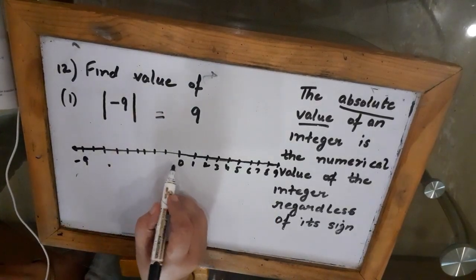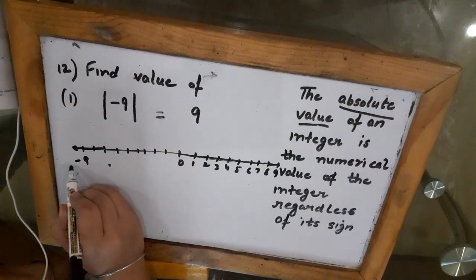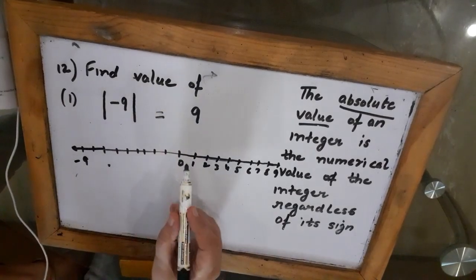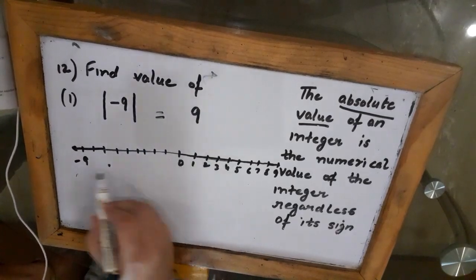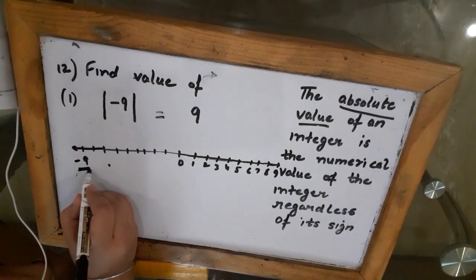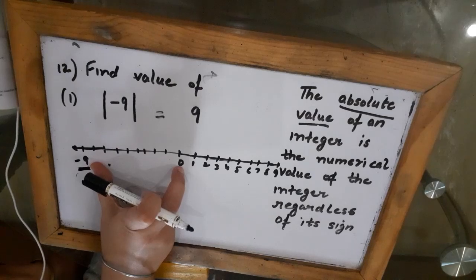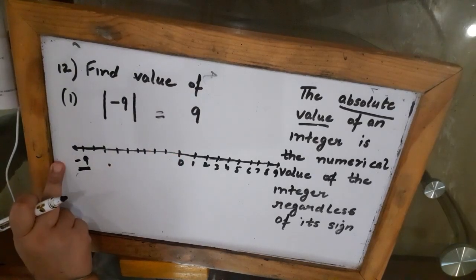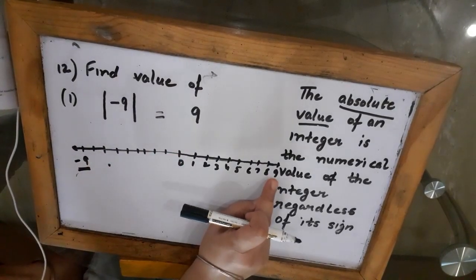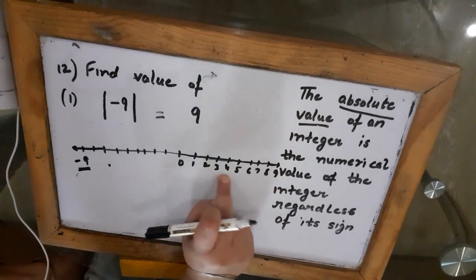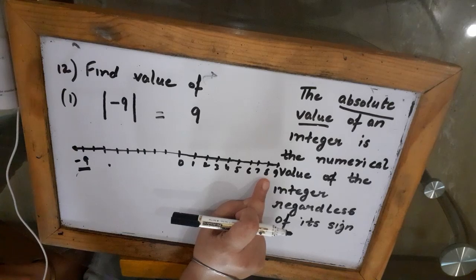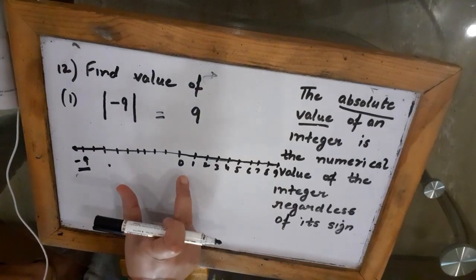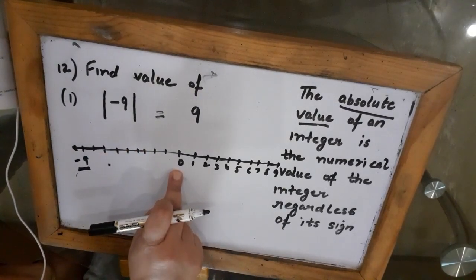Minus 9 also is 9 units away from 0. So absolute value means how far the given integer is from 0.